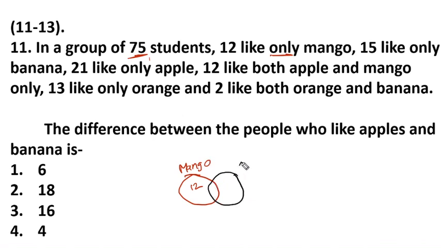So let me put apple here. 12 will be liking both apple and mango. And according to the sentence, 21 like only apple. Then 15 like only banana.